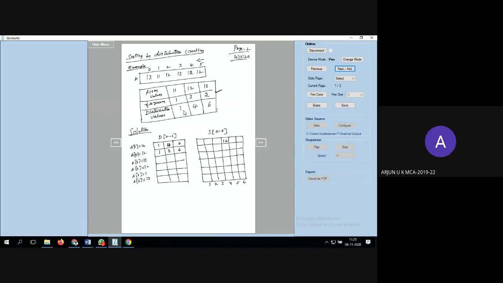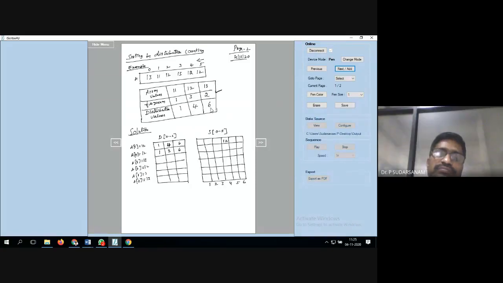What is the end value? 6, sir. That's what I have written. 1, 2, 3, 4, 5, 6. Even if you start with 0 and write it, that is a waste, because in the distribution they have given 1, 4, 6. The lowest value is 1, the highest value is 6. So write it 1, 2, 3, 4, 5, 6. If you write 0, 1, 2, 3, 4, you will get confusion. So let it be 1, 2, 3, 4, 5, 6. I have written the values also.